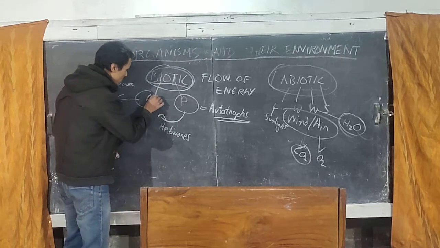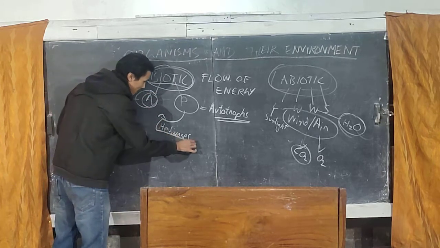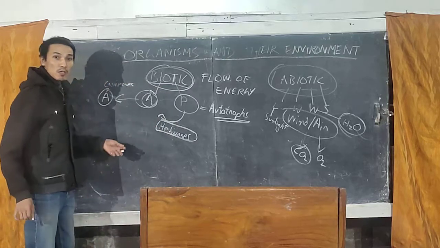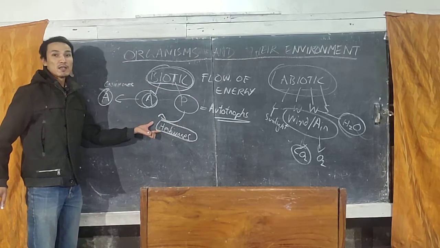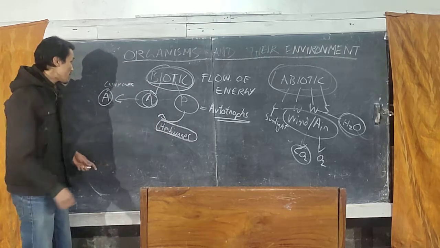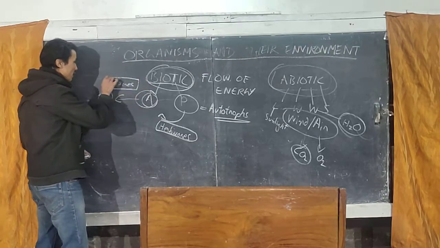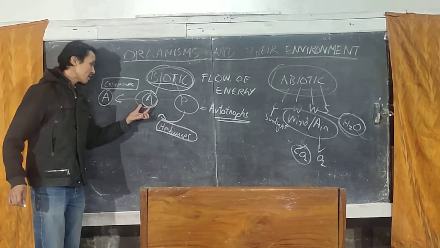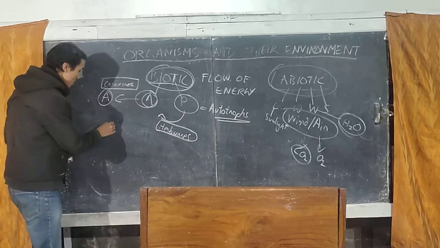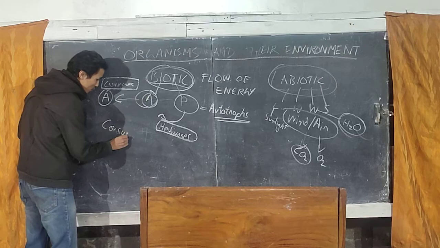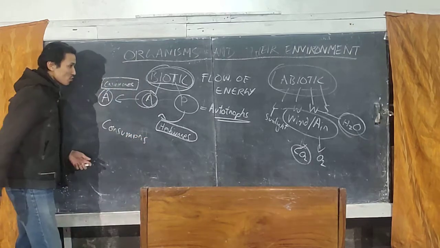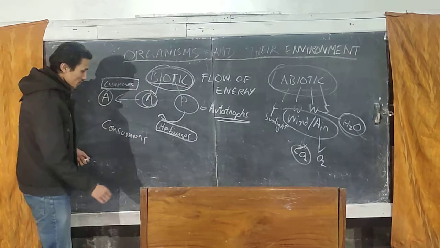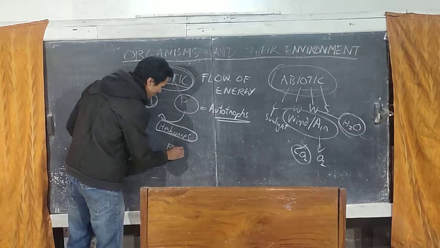This food is used by animals classified as herbivores. Herbivores in turn provide energy to carnivorous animals feeding on herbivores. So your animals, whether herbivores or carnivores, are generally known as consumers.